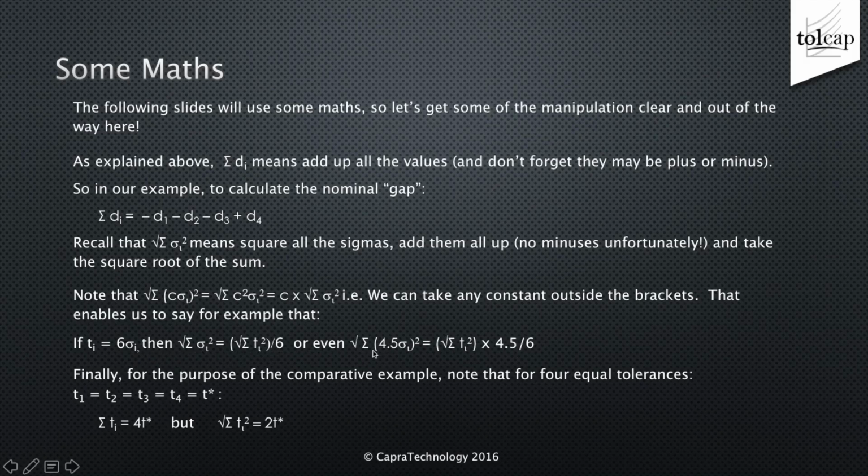Or even the root sum square of 4.5 times the sigmas squared equals the root sum square of the tolerances times the 4.5 over 6. Finally, for the purpose of comparative example, note that for 4 equal tolerances, T1 equals T2 equals T3 equals T4, then sigma Ti is 4T, but root sigma Ti squared is 2T.